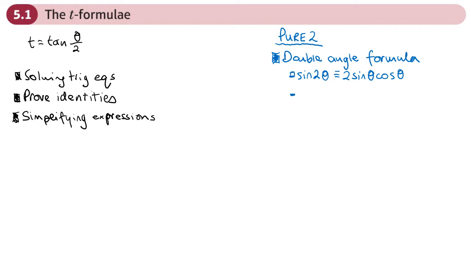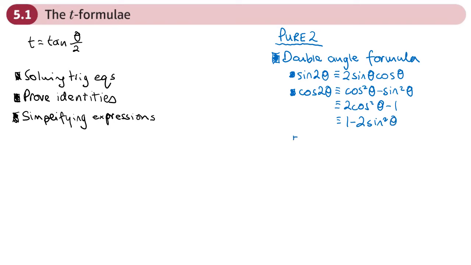I'll make these into boxes here so that you know they're not minus signs. We have a double angle formula for cosine, which is cos 2 theta. Now this comes in three forms. We can either have it as cos squared theta minus sine squared theta, or 2 cos squared theta minus 1, or 1 minus 2 sine squared theta.